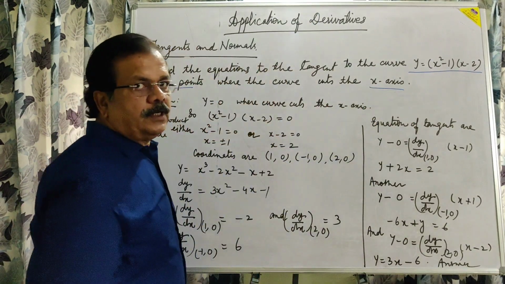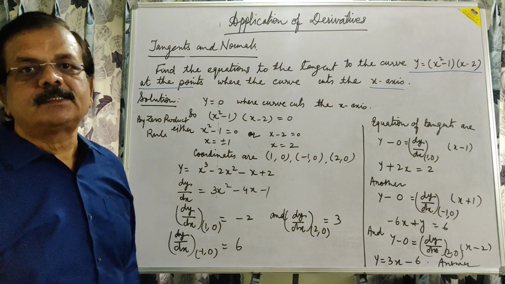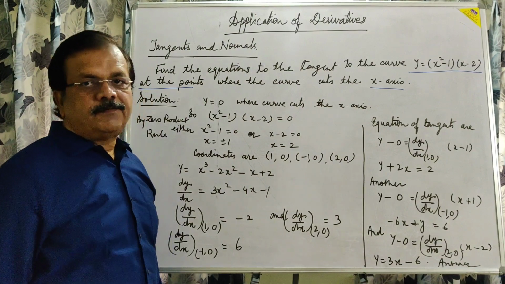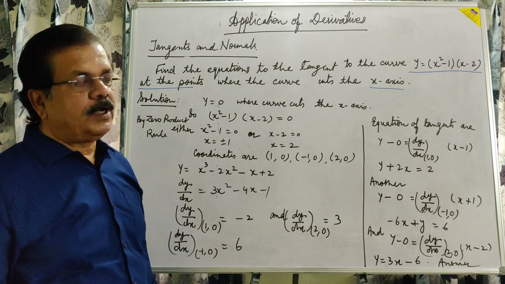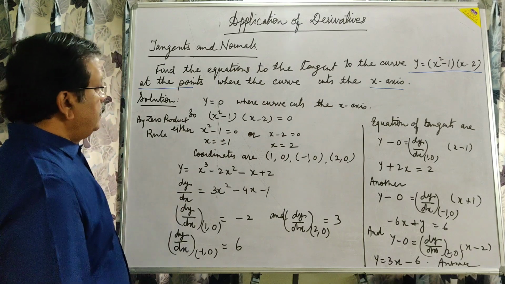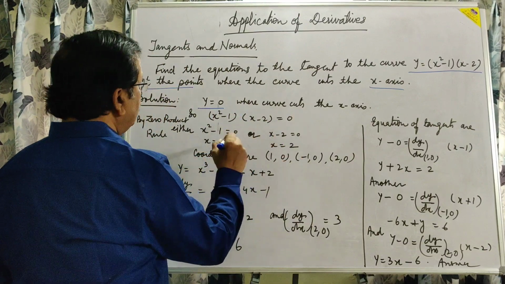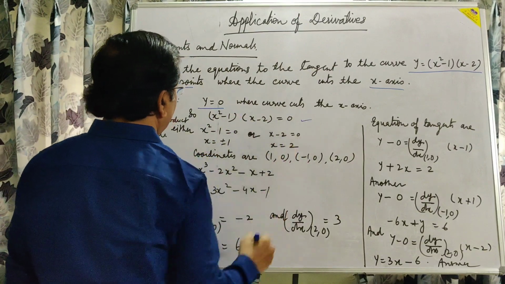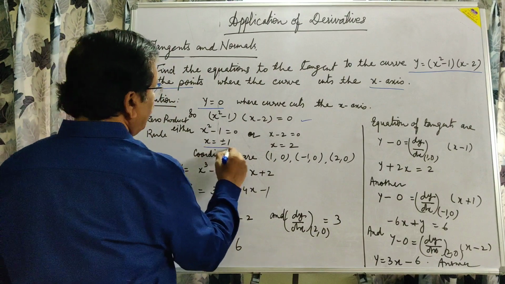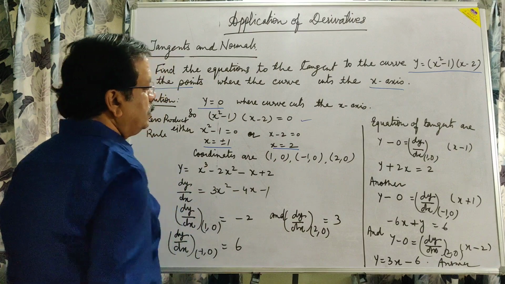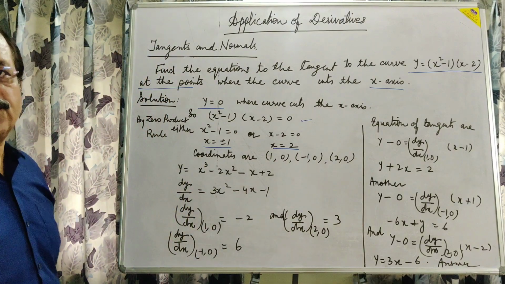All of us know that if a curve cuts the x-axis, the ordinate will be 0 at that point. That is, taking y = 0 in the equation of the curve, we get three values of x, that is +1, -1 and 2, by using the zero product rule.